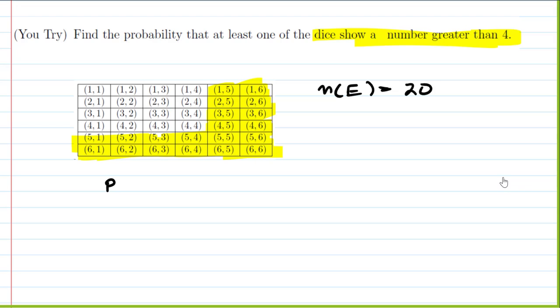So then the probability of the event E is going to be 20 divided by 36, which is going to be 5 over 9. So if we roll 2 dice, the probability that at least one of them shows a number greater than 4 is 5 ninths.